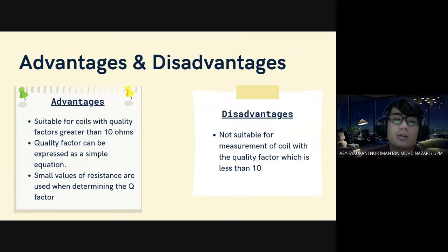The second one is the quality factor can be expressed as a simple equation, and the last of the advantages is that small values of resistance are used when determining the Q factor. For the disadvantages, there is only one that I found. It is not suitable for measurement of coils with a quality factor less than 10.